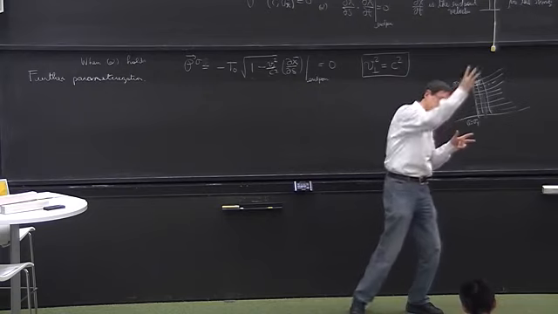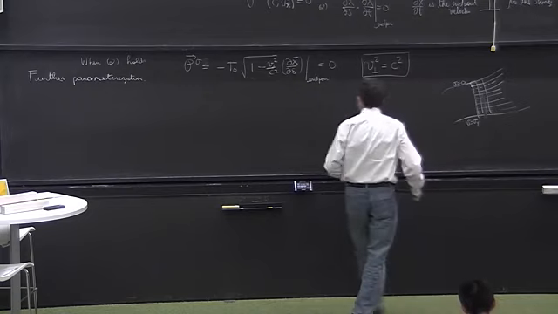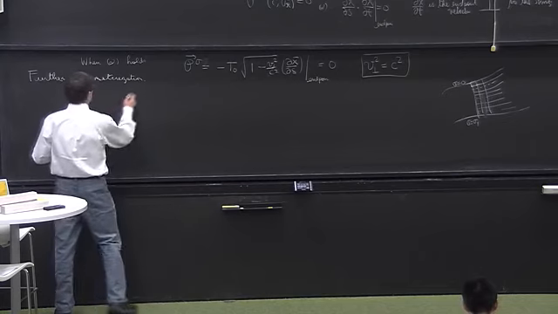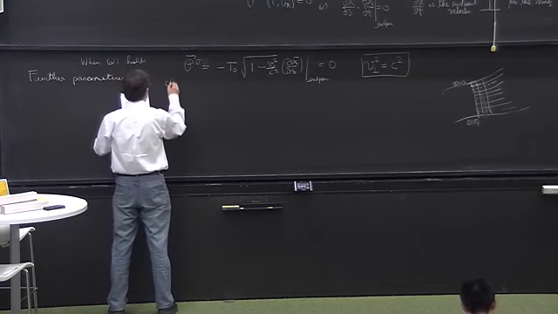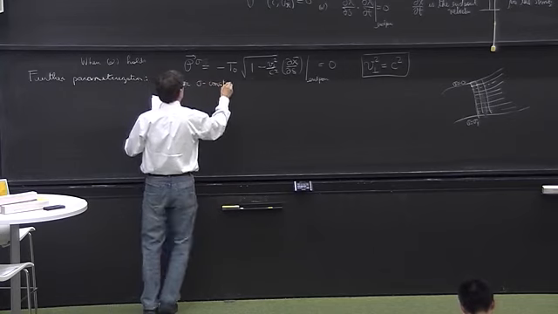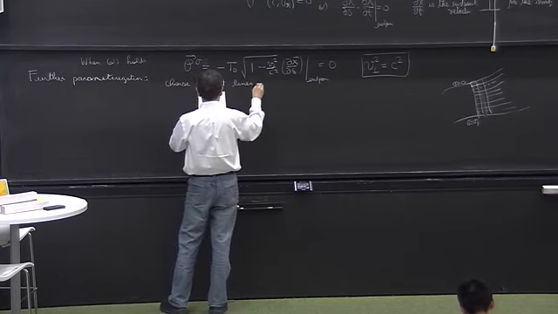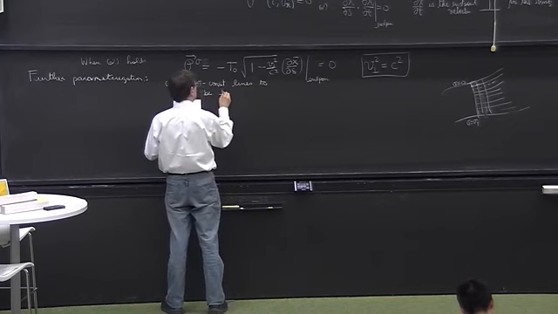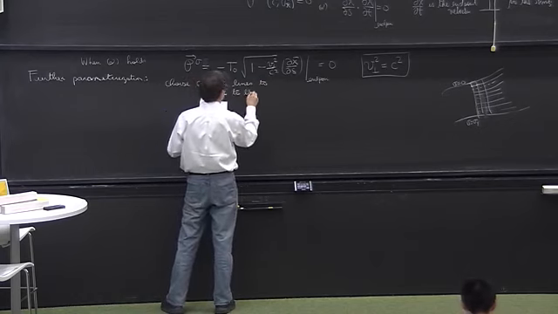So our further parameterization is going to use, I'm going to write some words here: choose sigma equal constant lines to be perpendicular to the strings.